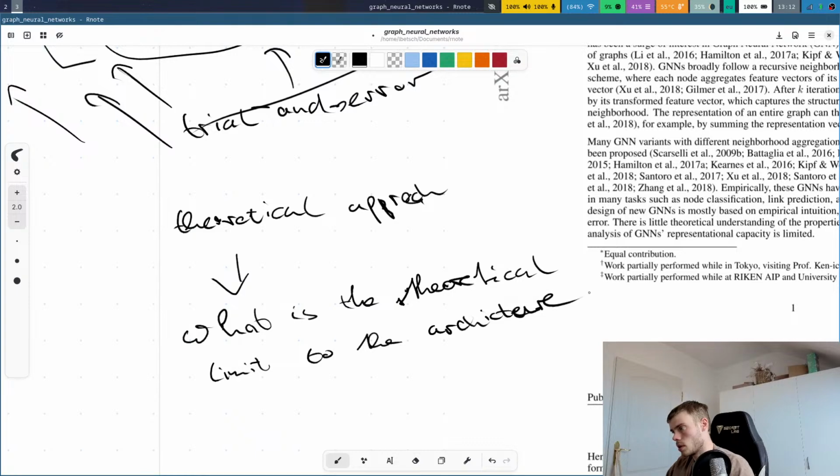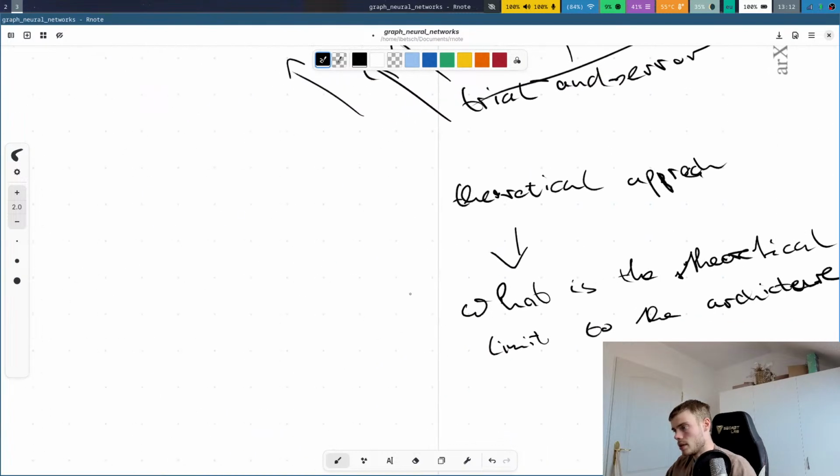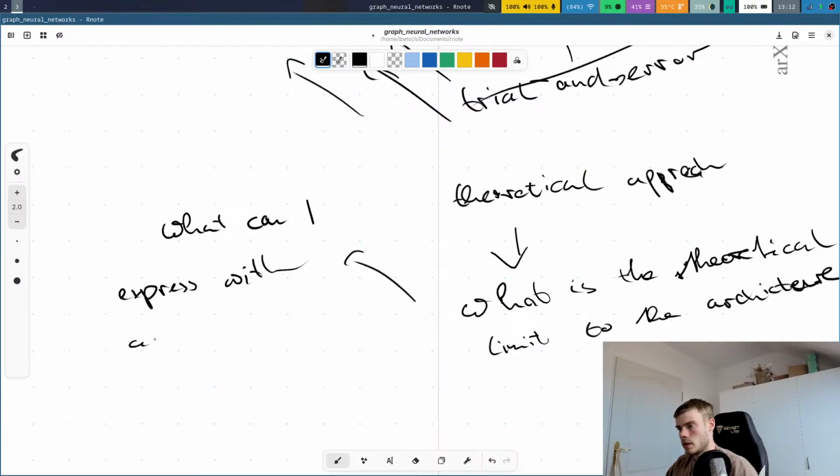In other words, what can I express with a given GNN architecture?